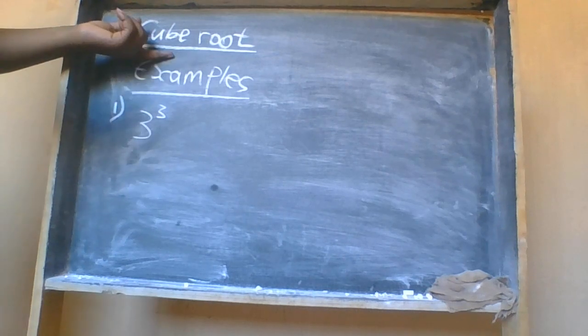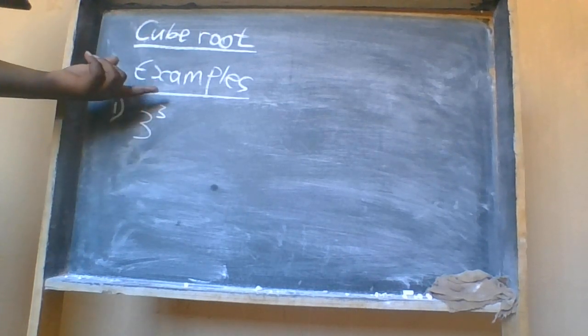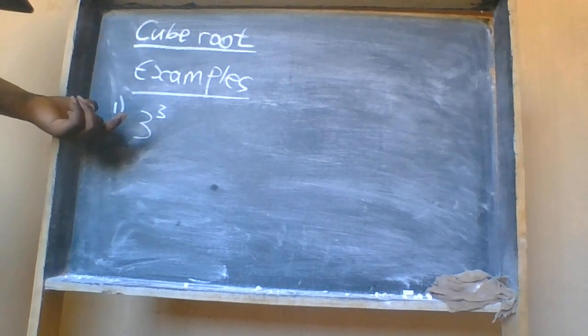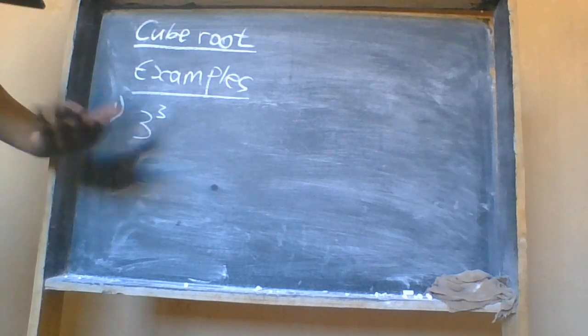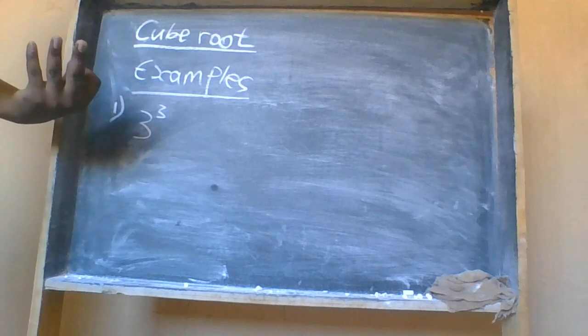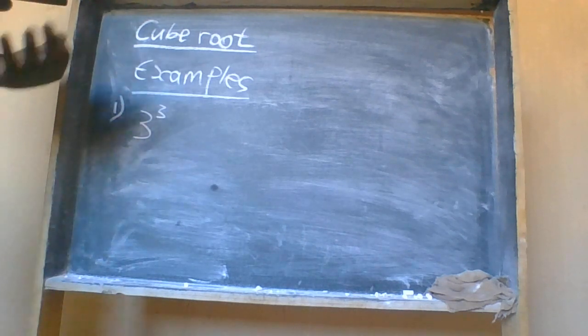Cube simply means power 3. So when we say cube, we're just talking about a situation where you multiply a given number 3 times. That is what we mean by cube.